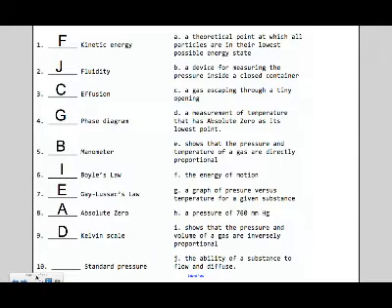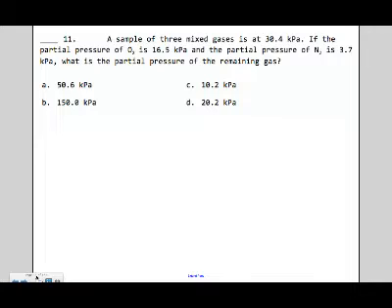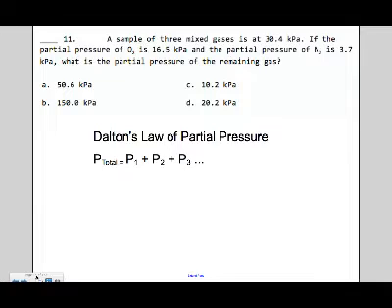In the multiple choice, we have 3 gases with a total pressure of 30.4 kilopascals. So we're going to be using Dalton's law of partial pressures here, which says that the sum of all the partial pressures is equal to the total pressure. So we know that the total pressure is 30.4, that one of the partial pressures for O2 is 16.5, and the pressure of the nitrogen is 3.7.